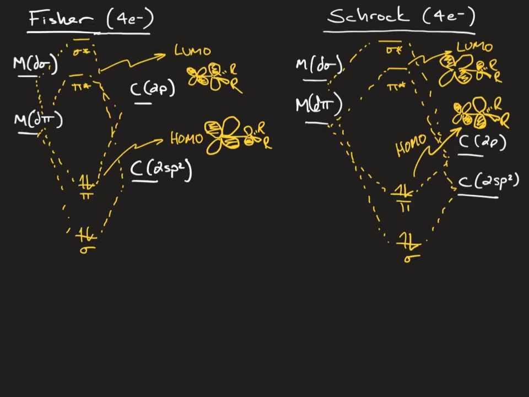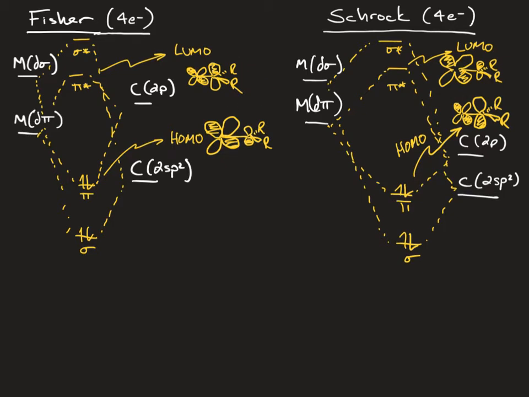If we look at the bonding interactions making up the metal-carbene bond, what we find in both cases is that the filled sigma-type orbital between the metal d sigma type of atomic orbital and the carbon 2 sp2 hybridized orbital is a carbon-dominated orbital. If we look at the Fischer-carbene and the pi bond, we find that the occupied HOMO, being closer in energy to the metal, is a metal-dominated orbital, while the LUMO is a carbon-dominated orbital.